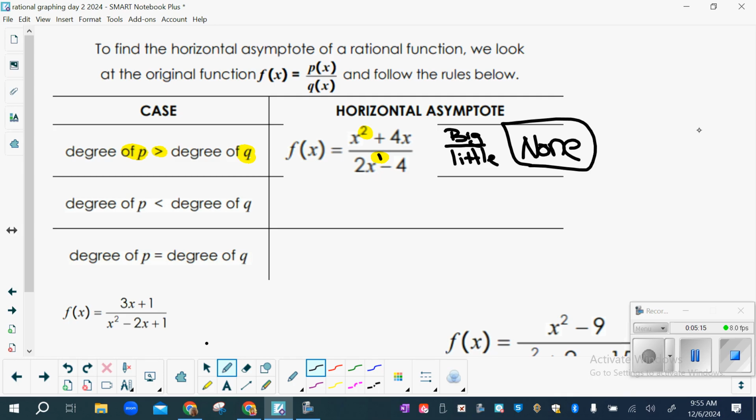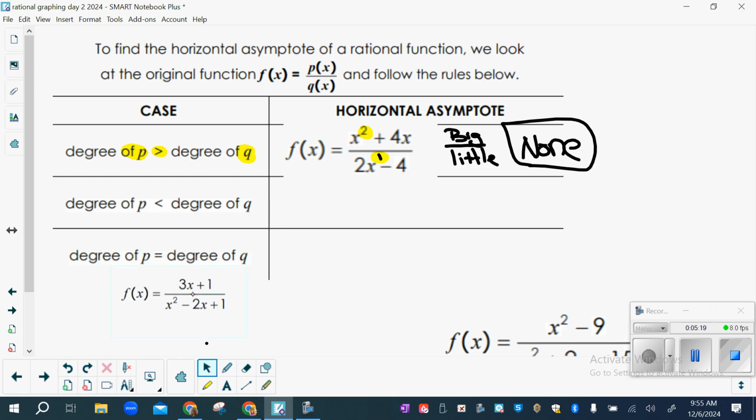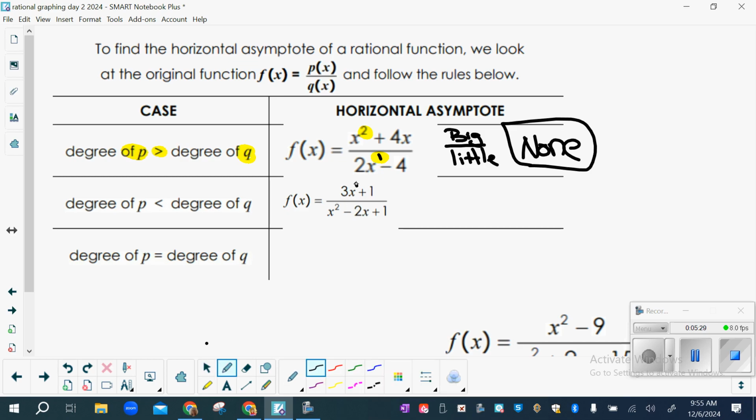Now, on the next example, what happens if the bottom guy is bigger? Well, obviously, he's going to make some lava. And how do I know he's bigger? Let's take a look at it. Don't let the 3 fool you. It's the degree. It's this guy and it's this guy. And we do this right at the start.